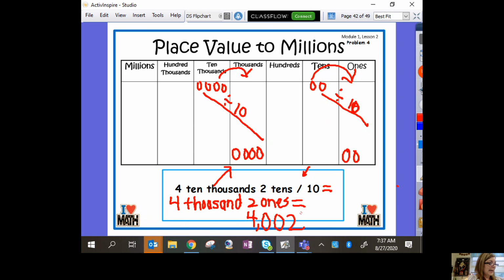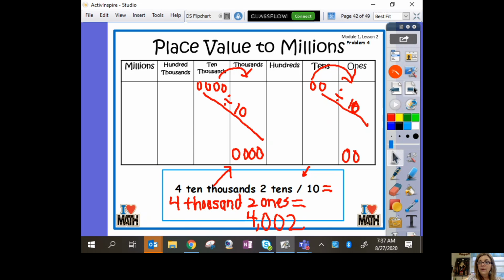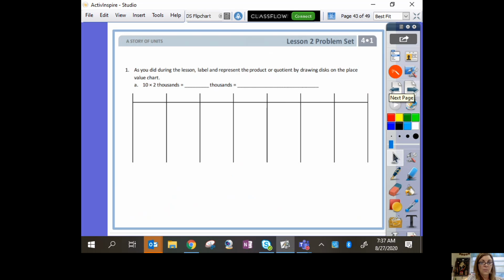So you're going to get some time in class today to practice what we've learned, and we're going to be here to support you however that you need it. So I want to show you what you're going to be working on in class. So in class today, or on your own, your independent work here, you are going to work on problem number 1.